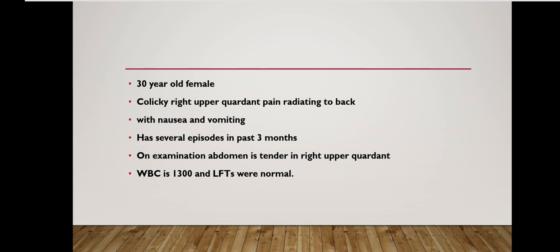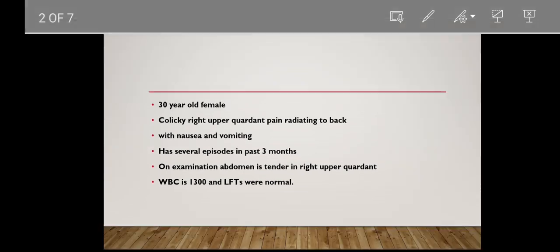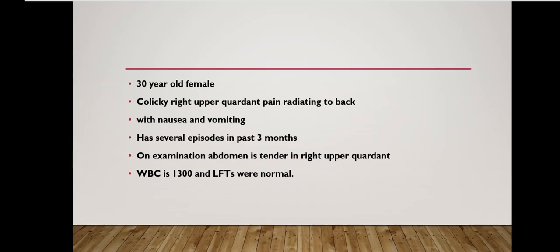So what will be our differential diagnosis? We will rule out the differential diagnoses of right upper quadrant pain as well as the likely diagnosis of the given scenario. As the LFTs are normal, but the WBC is raised, and the right upper quadrant of the abdomen is tender, let's go towards our differentials.